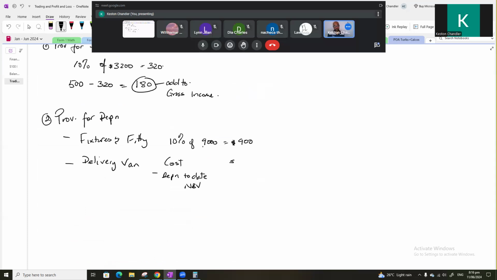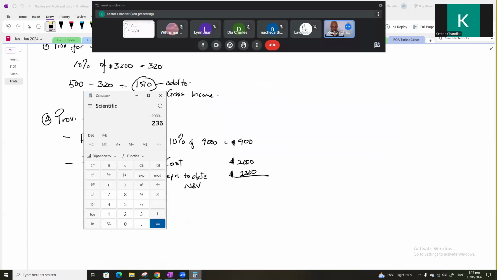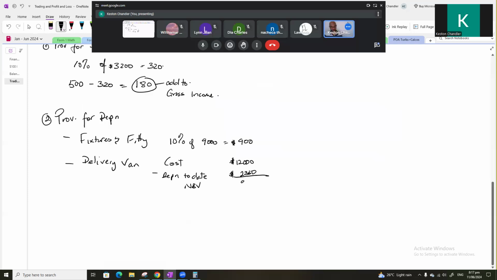12,000 minus 2,360 gives 9,640. So this is the net book value of the van.